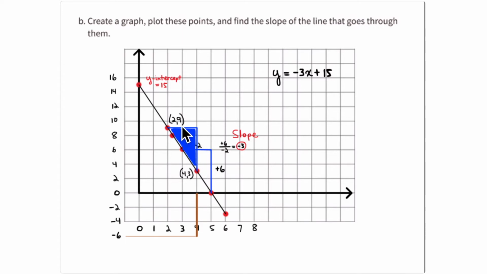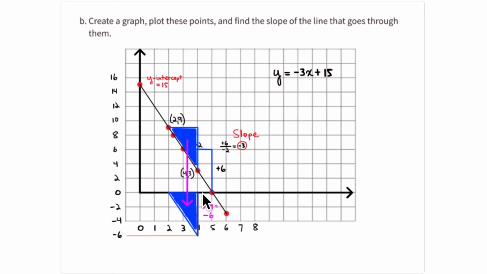If I started at 9 and I ended at 3, it's like starting with $9 and ending with $3. I'm going to subtract the $9 that I started with from the 3 that I ended with. So I actually lost $6. So this length is a negative 6 units along the y-axis.